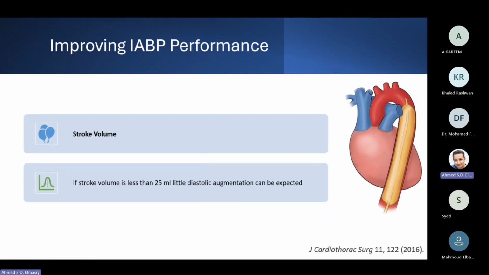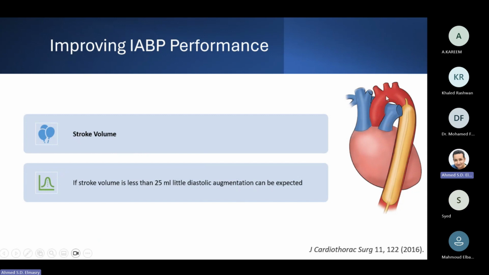And the stroke volume. As we said, the stroke volume and the intra-aortic balloon volume should be equal to each other. So if you have a low stroke volume, less than 25 ml, the diastolic augmentation will be less. The augmentation during the diastole basically depends on many factors, like the balloon volume and the stroke volume.